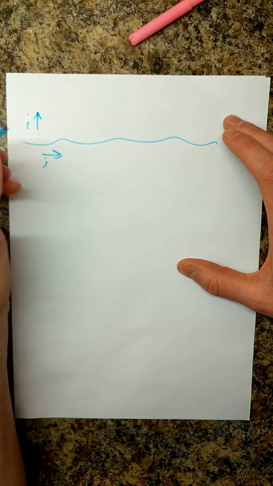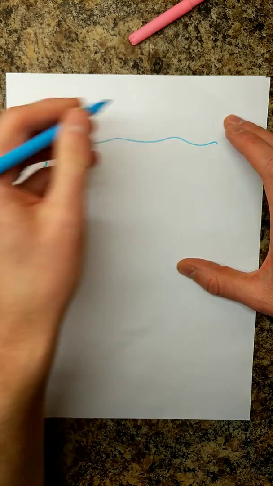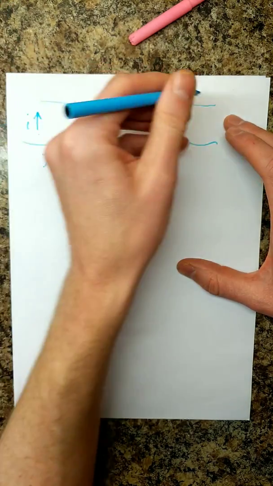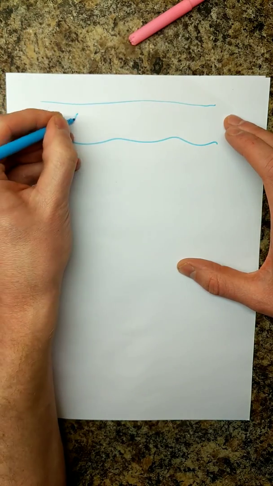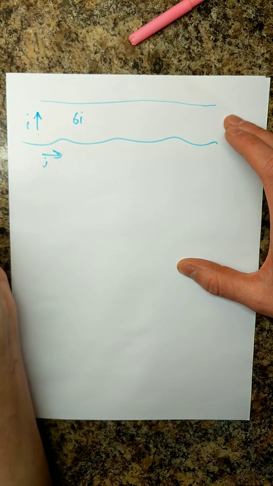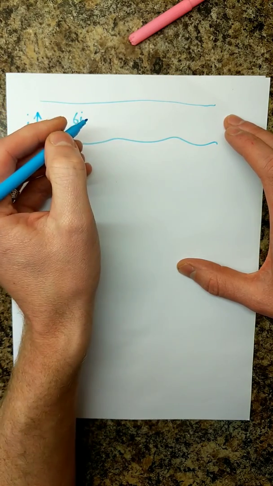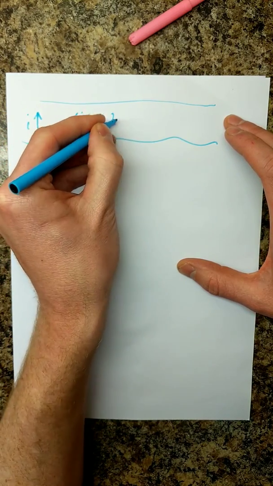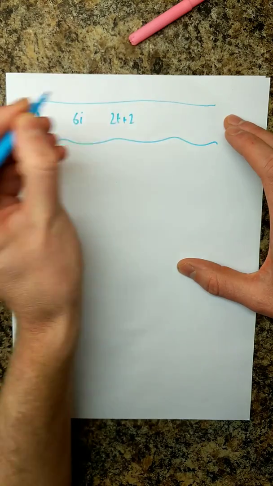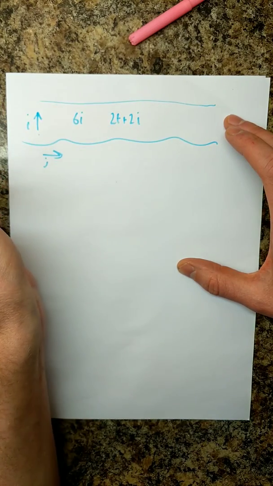We're told that a boat is somewhere 6 meters out, so it's 6 in the i direction. We're also told that the position is 2t plus 2 in the i direction.